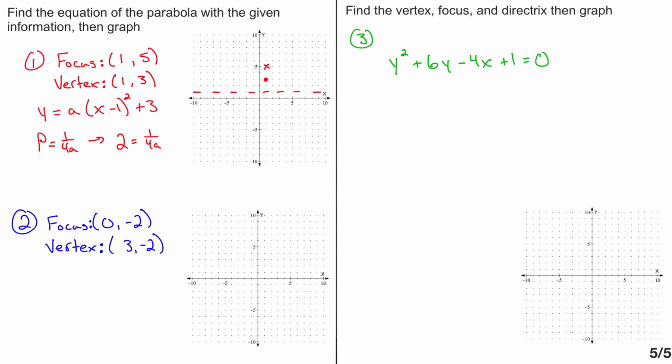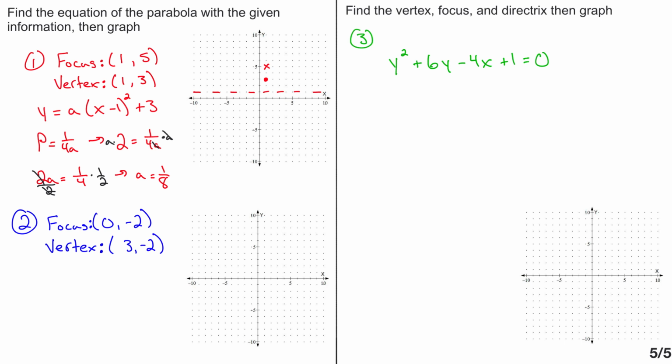I'm going to multiply a to the other side. That way I don't have a in the denominator anymore. And that'll get me 2a is equal to 1 over 4. Then I'm going to divide both sides by 2, which is the same thing as multiplying by 1/2. And then that'll finally get me my a value, which is equal to 1/8.